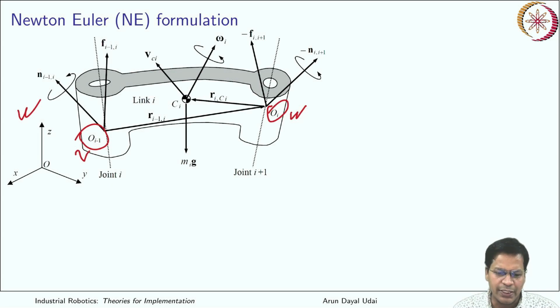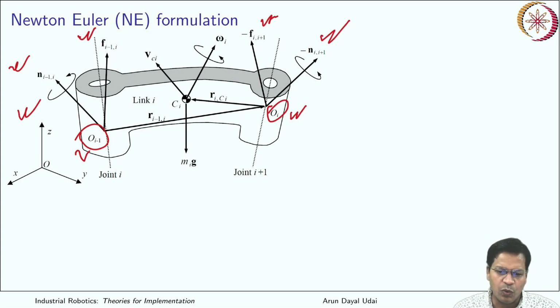Let us say it is acted upon by forces from the link before it. This is the moment, these are the forces. Similarly, this link also applies forces and moments to the link which comes next to it, so in reaction it also sees this force and moment.